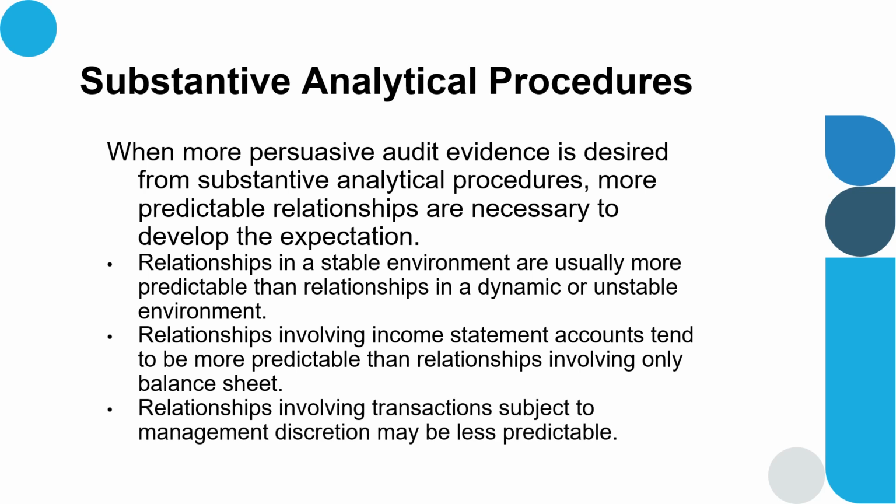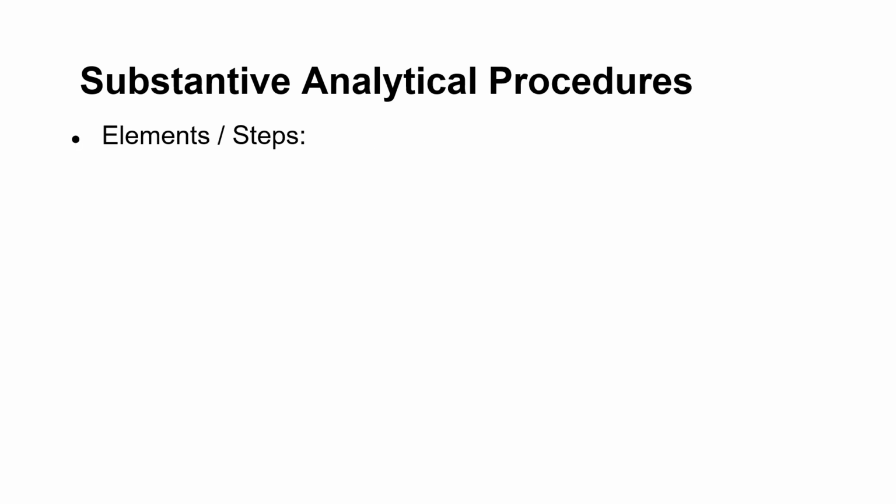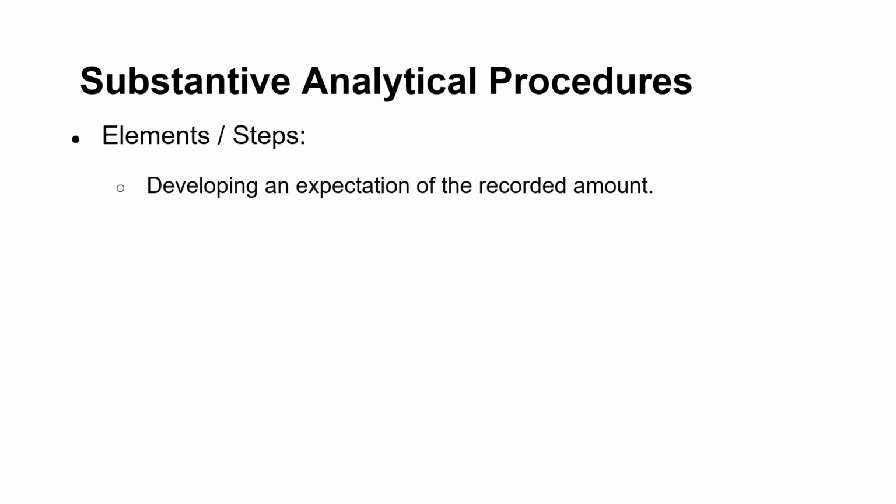So there. And then, of course, relationships involving transactions subject to management discretion may be less predictable, such as, for example, estimates. Okay, so these are some of our general rules with regards to predictability. Let's now look at the elements or steps when we use substantive analytical procedures.